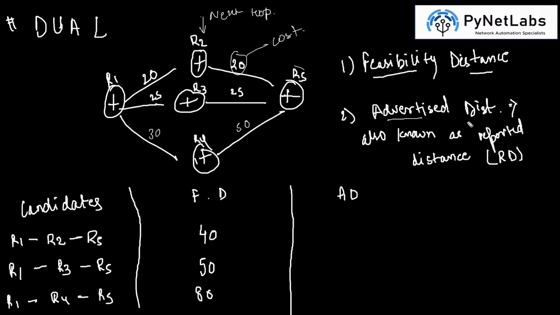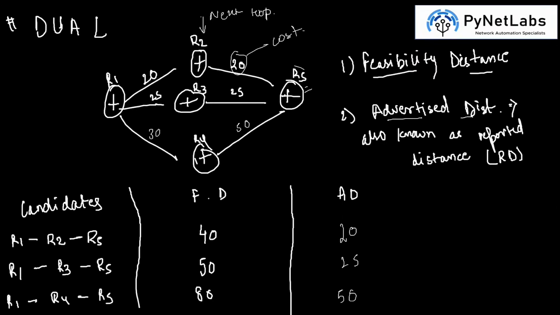So AD is nothing but the total cost from the next hop to the destination. The next hop of R1 is R2, and the cost between R2 and the destination, R5, is 20, right? So AD is going to be 20 for the first route. Similarly, 25 for the second one, and 50 for the last one. Make sense?